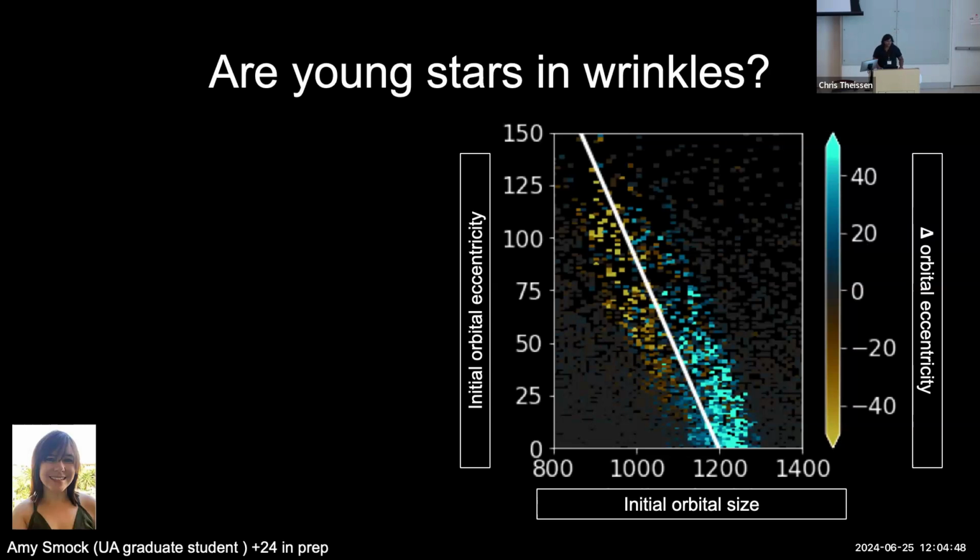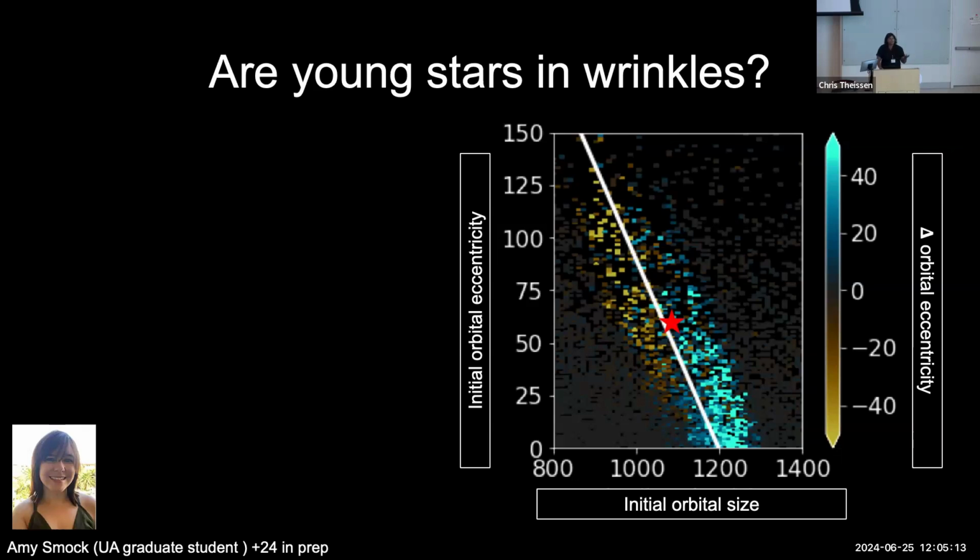What's important to note here is if you have a young star sitting at a near circular orbit, somewhere down there, after this spiral arm passage or spiral arm resonance, it's going to jump up and increase its eccentric orbit. What this implies for when we're looking at ages of stars in wrinkles is that we're not only going to see old stars, which is expected, we might see quite a few young stars as well.